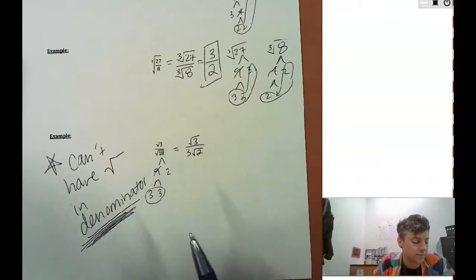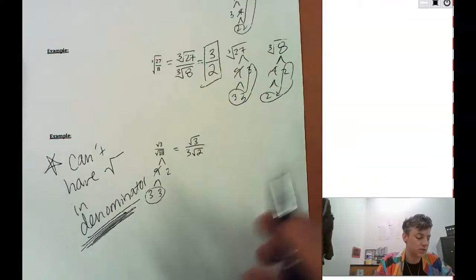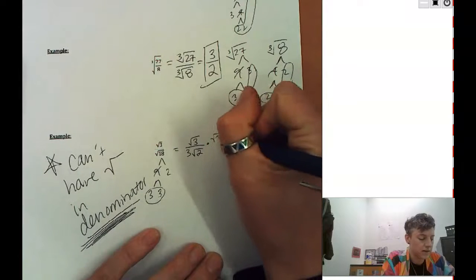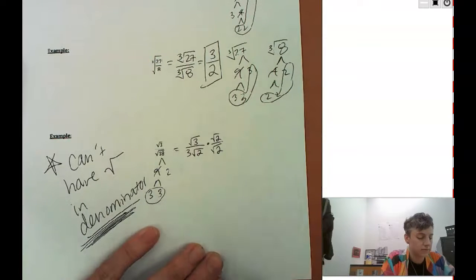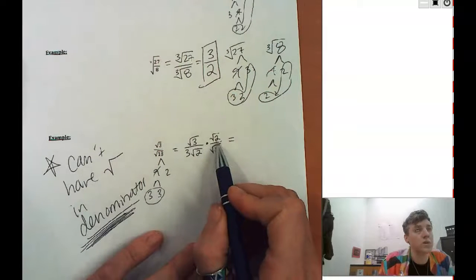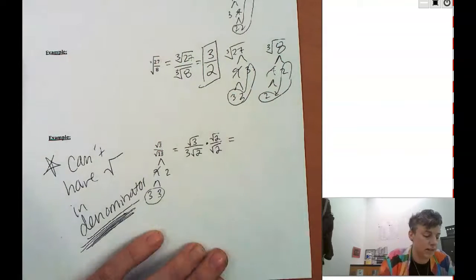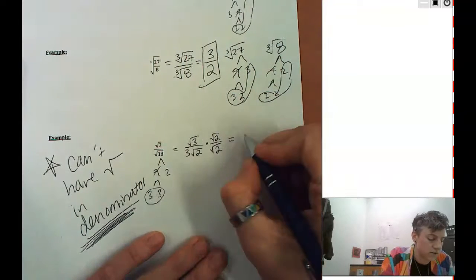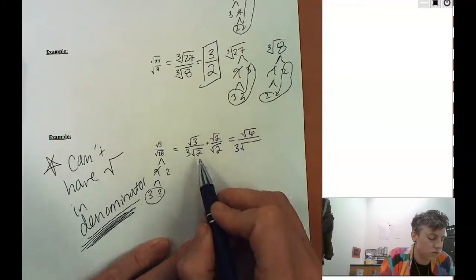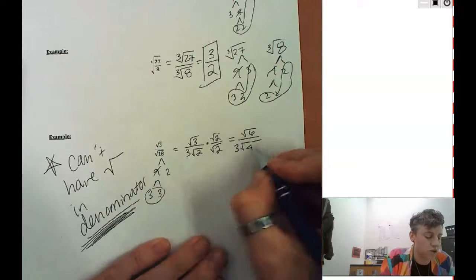And the way you do that, if you have a single term like this, is just multiply by that denominator. What are we going to get on the top? Square root of 3 times square root of 2. We know that we can multiply the numbers on the inside together. So this is the square root of 6 over 3 square root of 2 times 2, which is 4. We know the square root of 4 is 2.